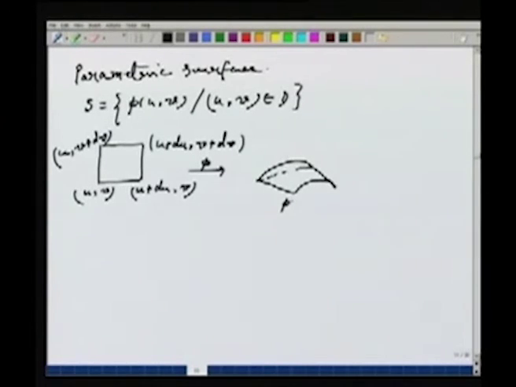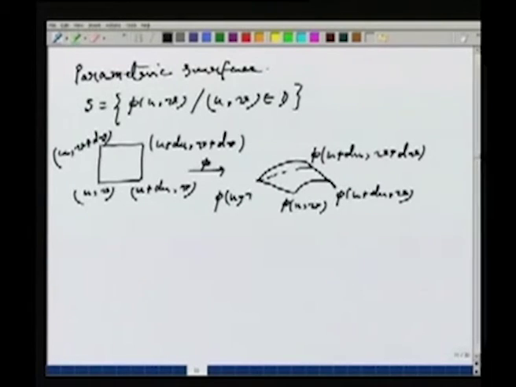So, the points are phi(u,v), phi(u+du, v), phi(u+du, v+dv), then phi(u, v+dv). Okay.